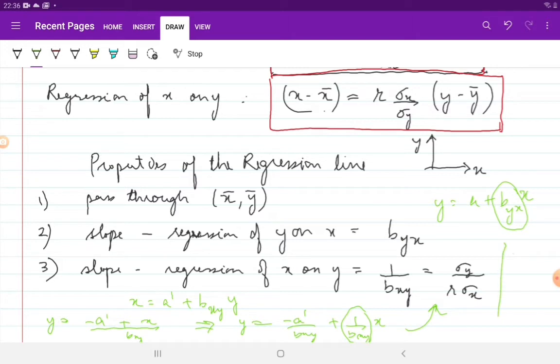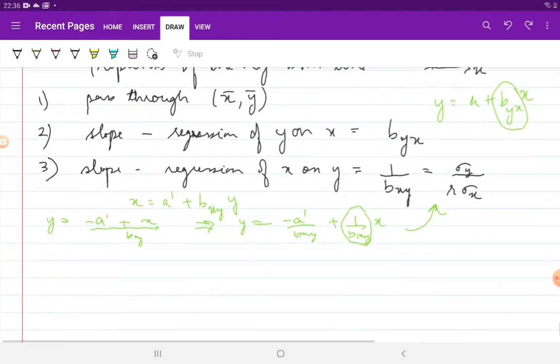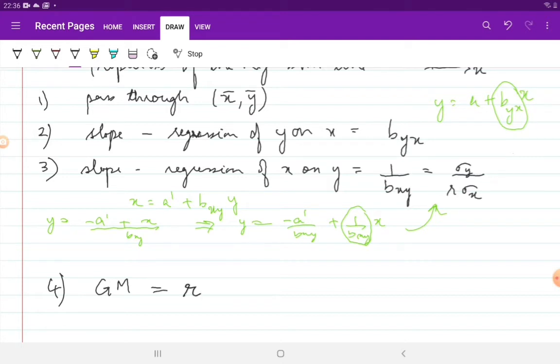Now, the fourth property is that the geometric mean of the regression coefficients is equal to the correlation coefficient. Remember, in terms numerically.